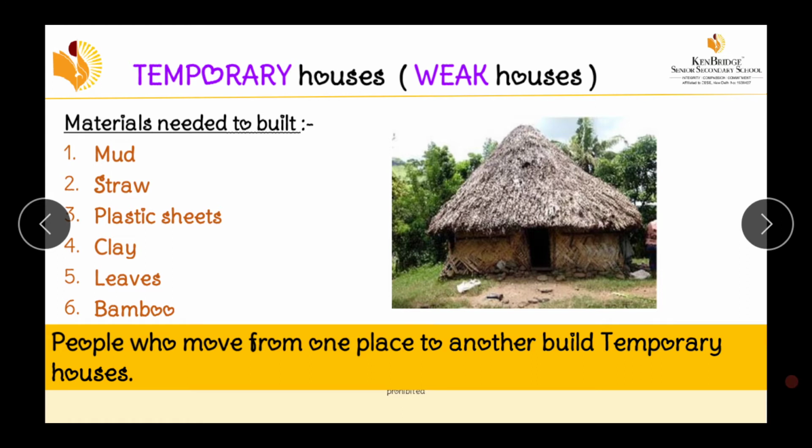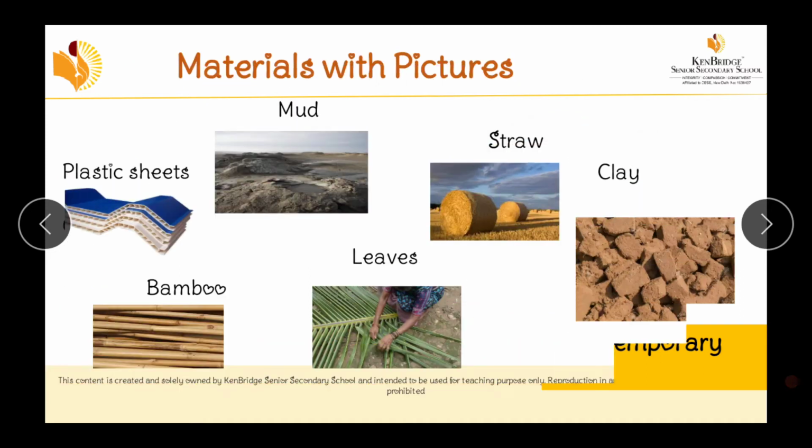People who move from one place to another build temporary houses. Next, I showed you some pictures of materials used to build temporary houses: plastic sheets, mud, straw, clay, leaves, bamboo.